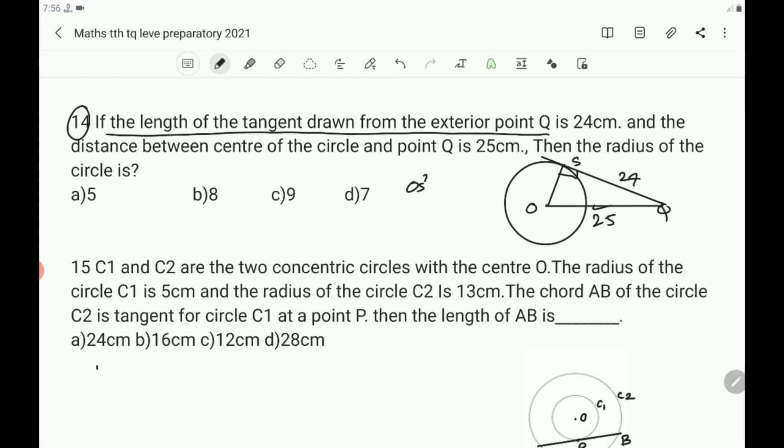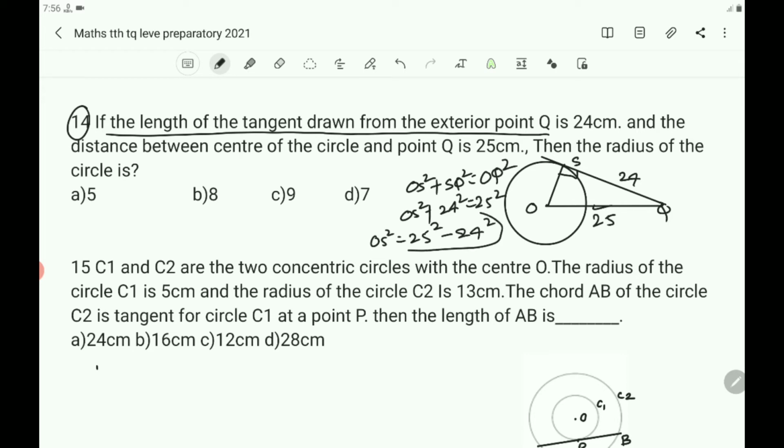So OS square plus SQ square equals OQ square. Then OS square is to be found out. SQ square is 24 square and OQ square is 25 square. Then you can use the identity here. OS square equals 25 square minus 24 square.